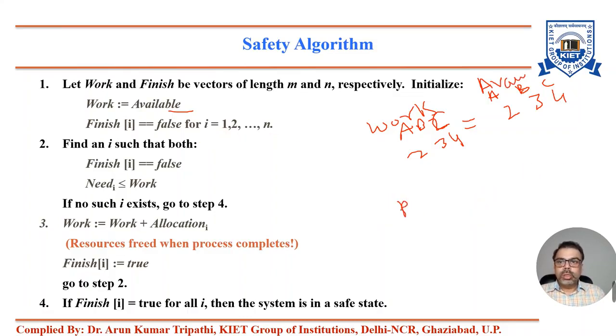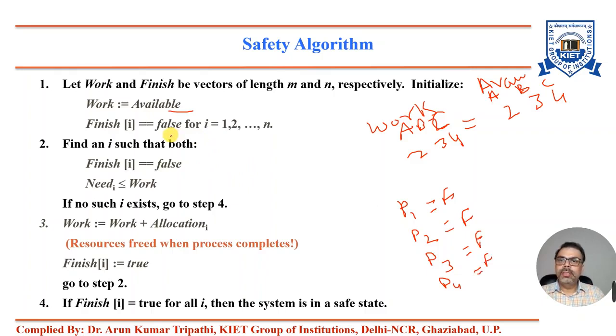Initially, there are four processes, P1, P2, P3 and P4. I have taken four processes into consideration. Initially, I will set all Finish as false because I have not completed the request of any of those processes.